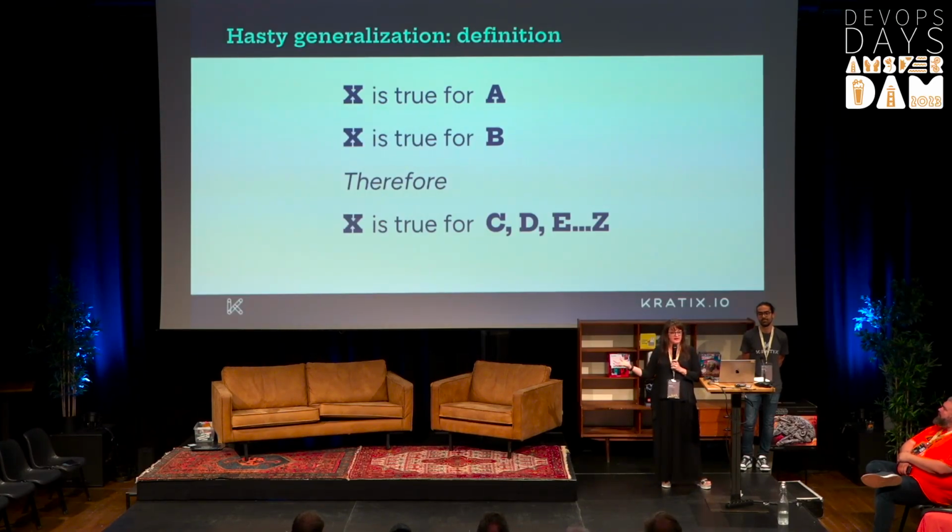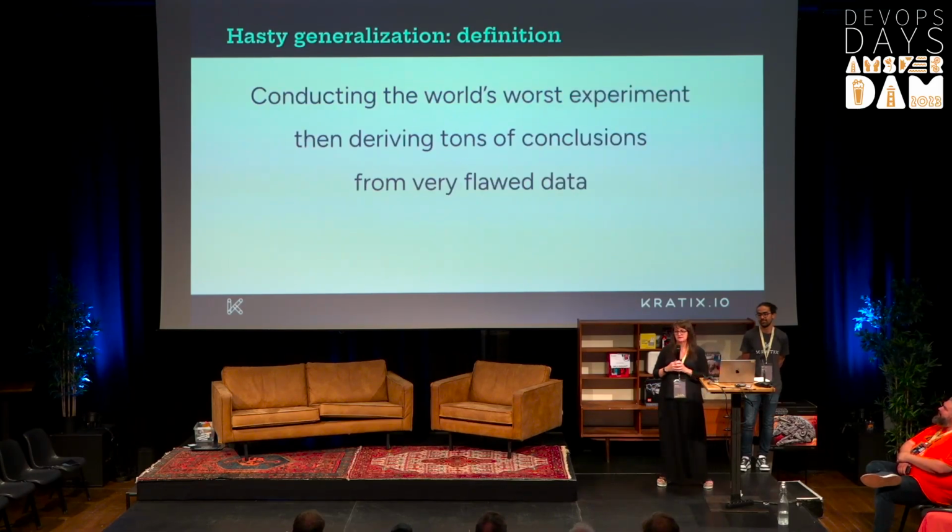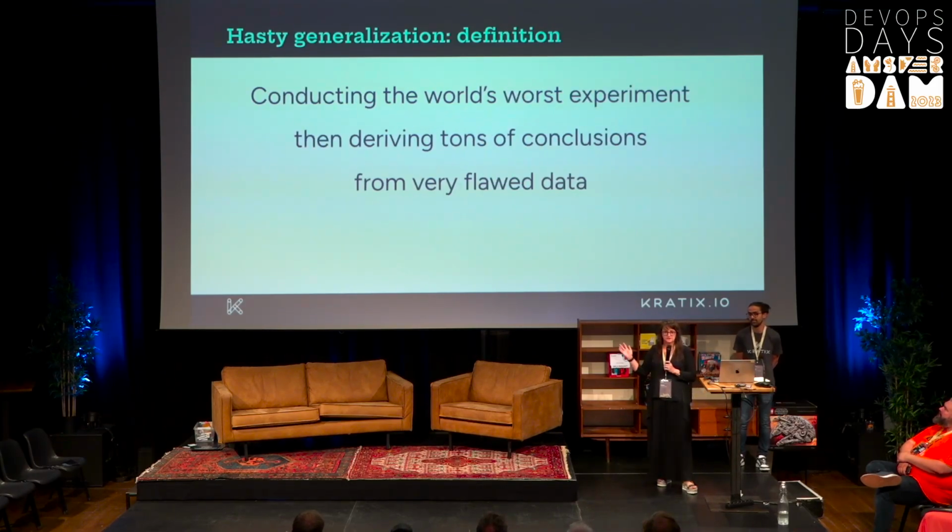X is true for A, and it's true for B, so X must be true for everything, everywhere. Basically, you're conducting the worst experiment imaginable and drawing loads of conclusions based on it.